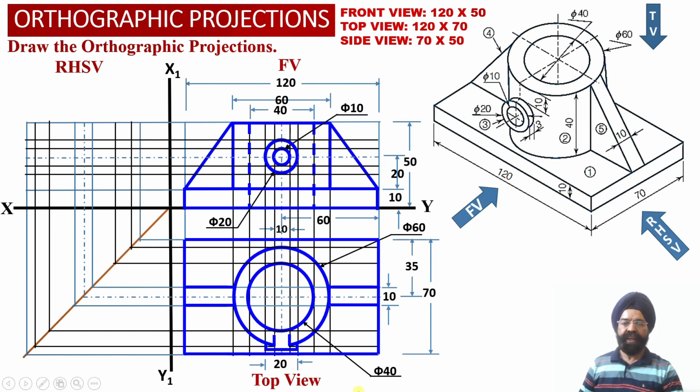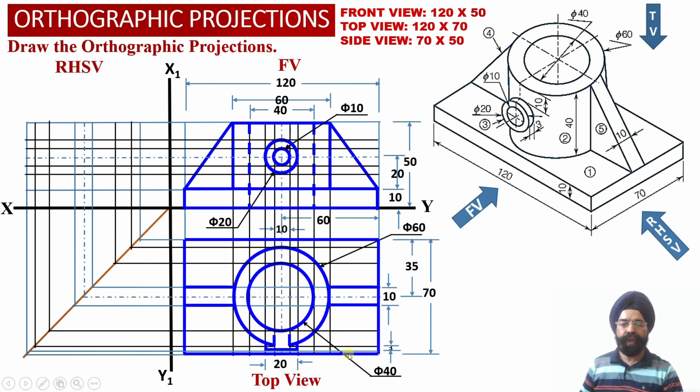Now we can see that corresponding to the outer portion of the surface of this short cylinder, which has depth equal to 3 millimeter, a horizontal projector line we are going to obtain from the front view orthographic projections. The distance between this black projector line and this horizontal projector line will be 3 millimeter, because the depth of the short external cylinder is 3 millimeter.